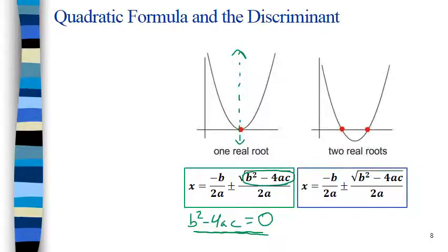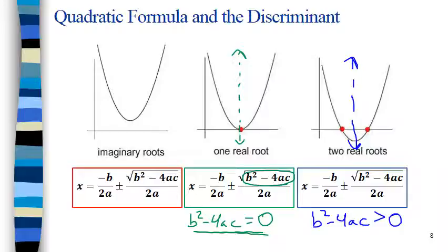When we had 2 real roots, we went through our axis of symmetry, and then our roots were on either side. So we had to add and subtract something to our axis of symmetry, which meant our discriminant had to be a positive square root so that we could actually take a real number from that.